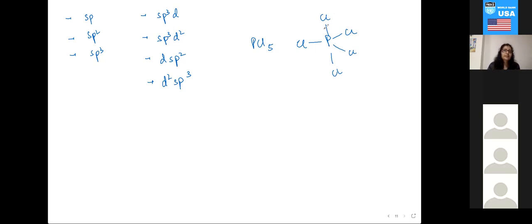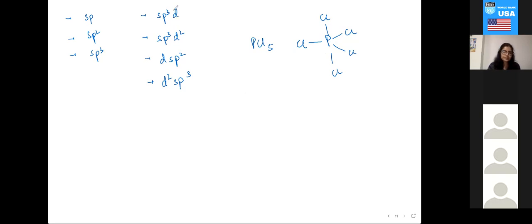Okay, for PCl5, I've given the whole list of different types of hybridization here. What do you think is the hybridization taking place in PCl5? sp3d. sp3d is absolutely right. So the examples we discussed earlier, like carbon, nitrogen, oxygen, will only go up to 2s2p, right?